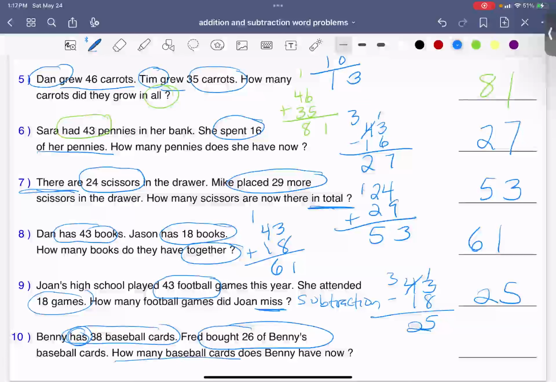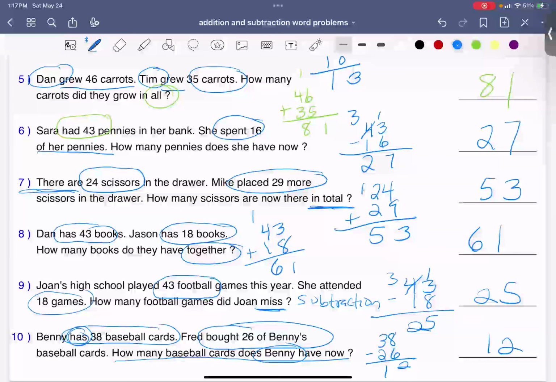How many baseball cards does Benny have now? So if Fred bought 26, that means Benny doesn't have those 26 anymore. So he lost them. He's not having the 26 that were bought. So that's going to be subtraction. So 38 minus 26 is 12.